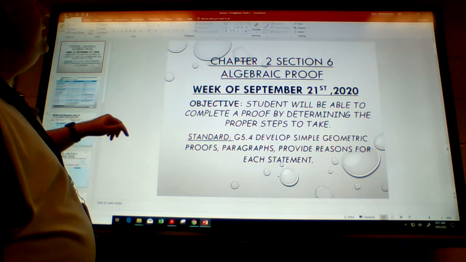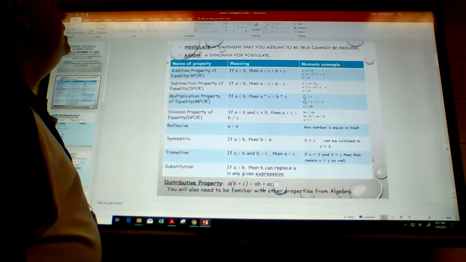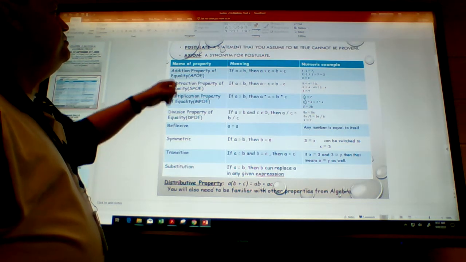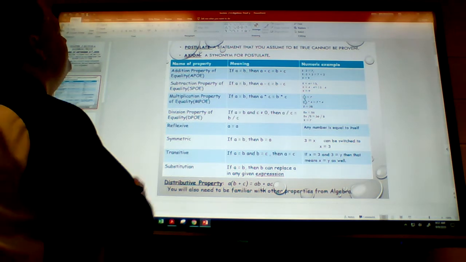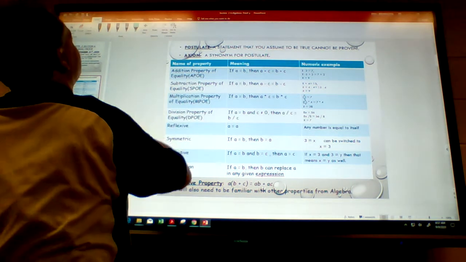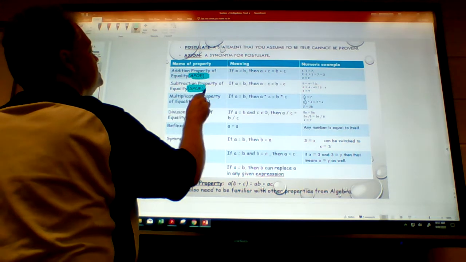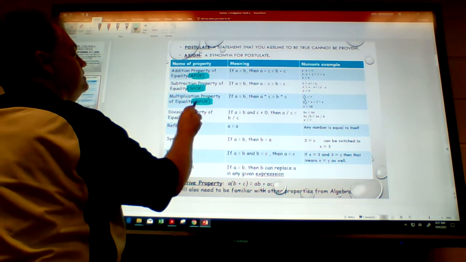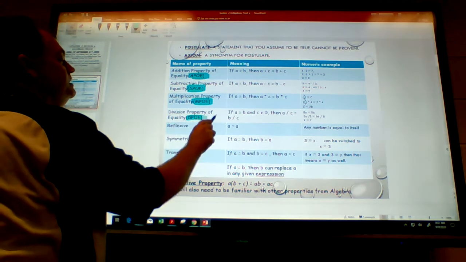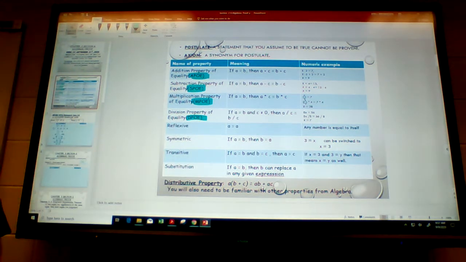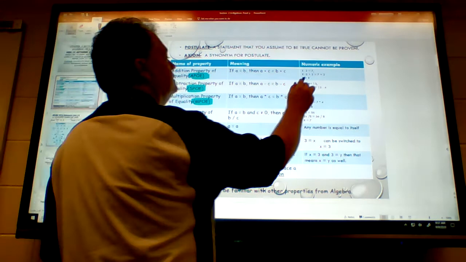All right. Last time we talked about the properties. We talked about the addition property of equality. Now I'm going to highlight them for you real quick. Addition property of equality, subtraction property of equality, multiplication property of equality, division property of equality. You see how they each work.